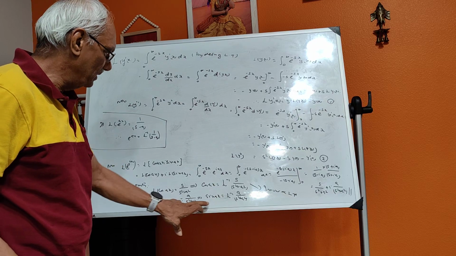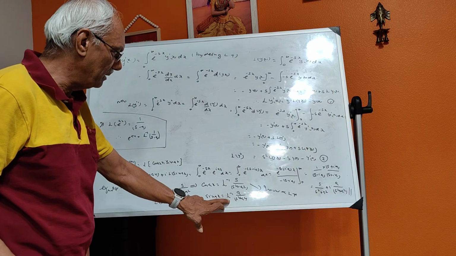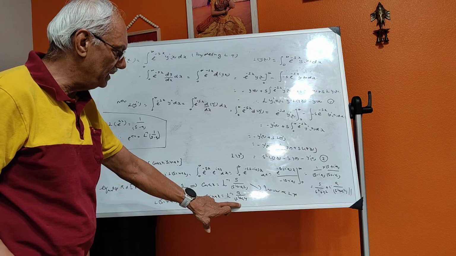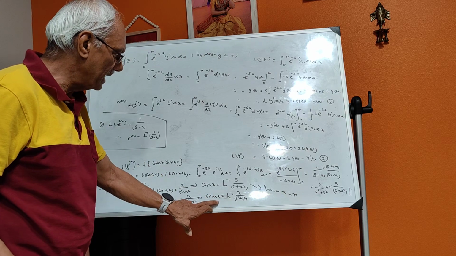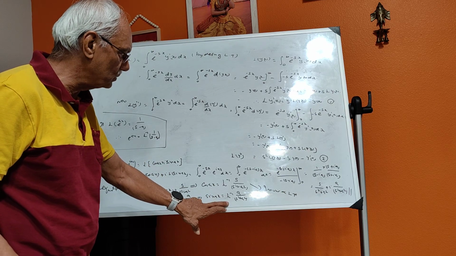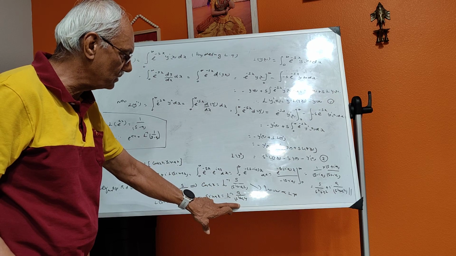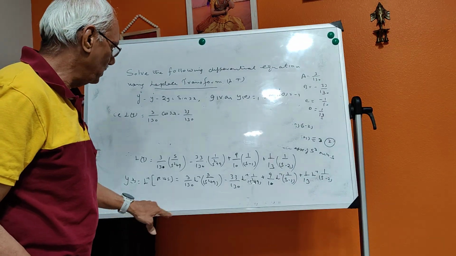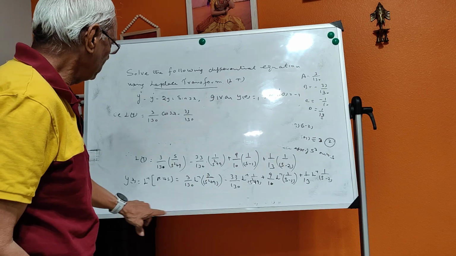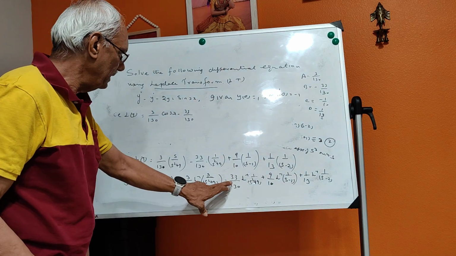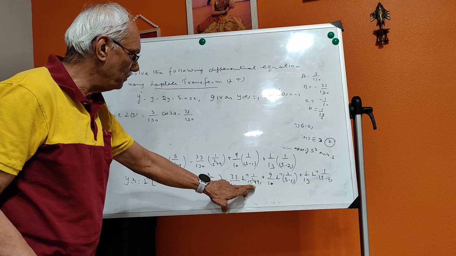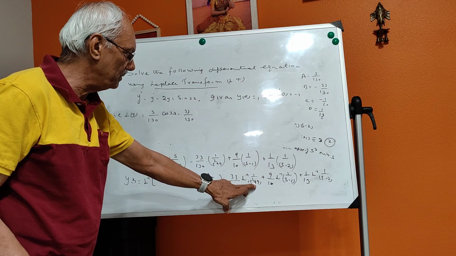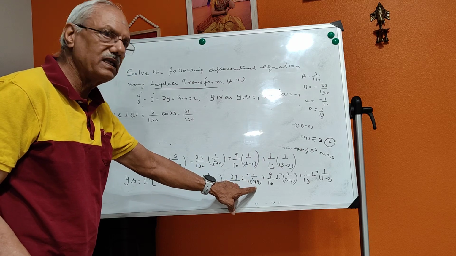Therefore the inverse Laplace transform is nothing but L minus 1 of a divided by s squared plus a squared, so sine ax is equal to L minus 1 of a by s squared plus a squared. Here you find that it is merely 1 by s squared plus 9, so that 3 is missing.